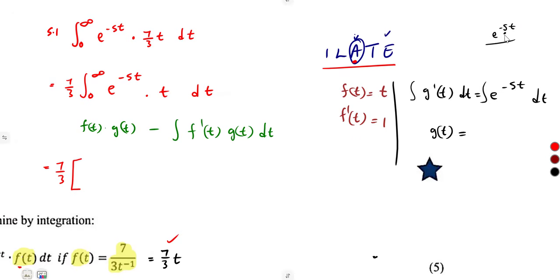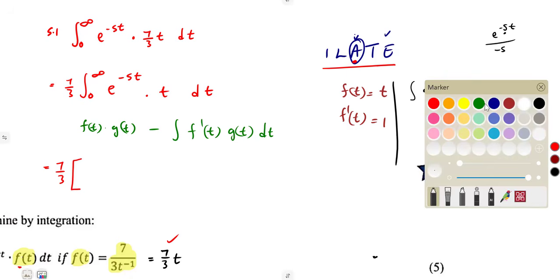The derivative of minus st is negative s, and you divide by it. So g of t is negative e to the exponent of minus st over s. You can take the negative up.